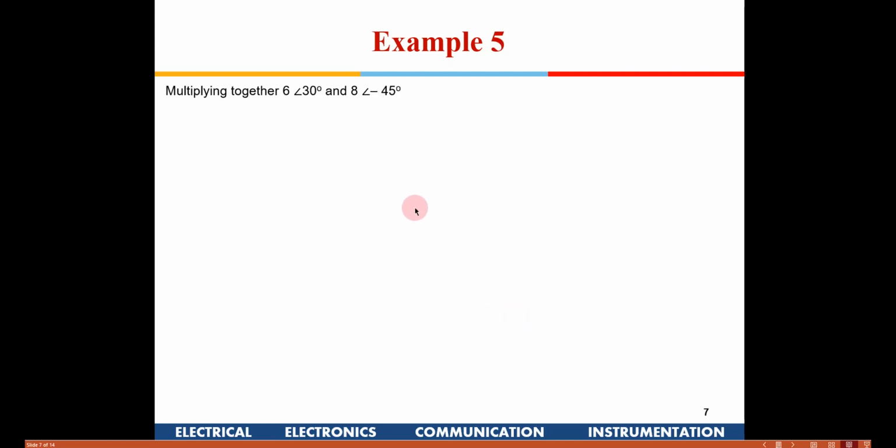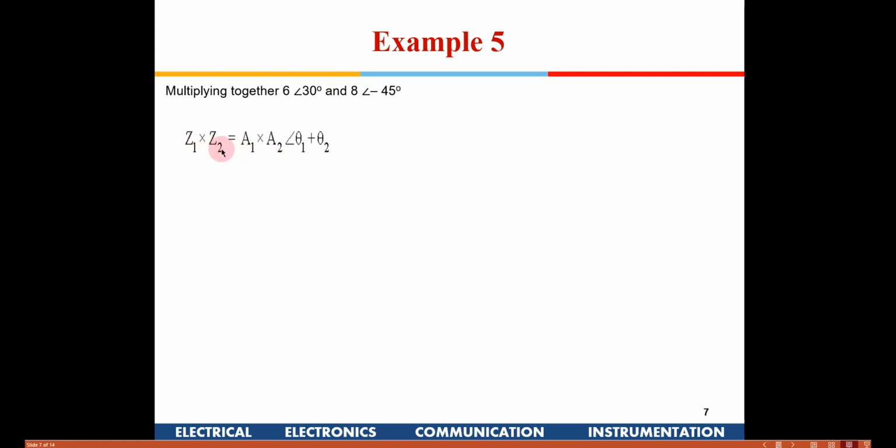Okay. So now this is again some algebraic manipulations of phasors. Now we have to multiply these two things. Okay, so how is multiplication done? Multiplication of two phasors is done by multiplying the magnitudes and then adding the angles. Okay, so that is how.